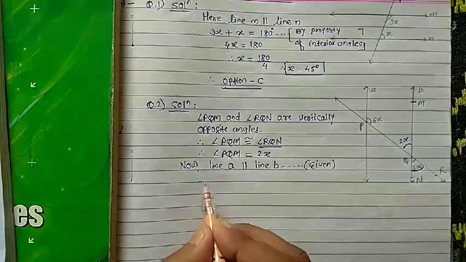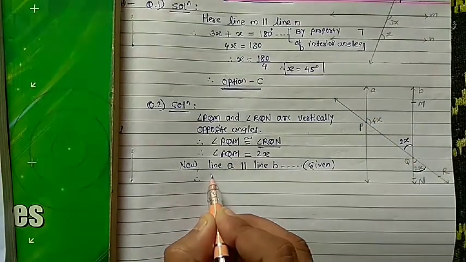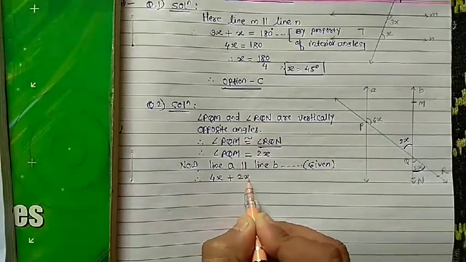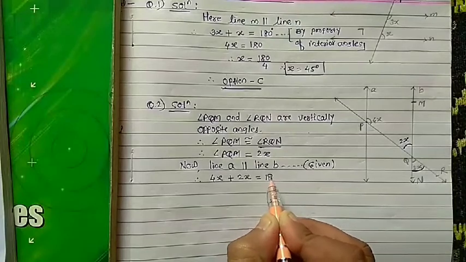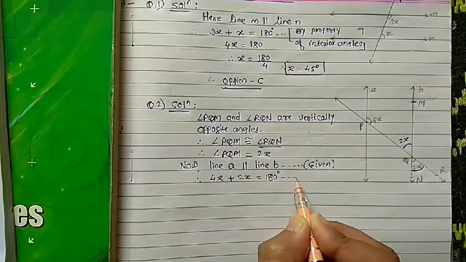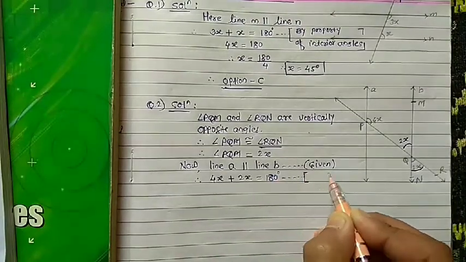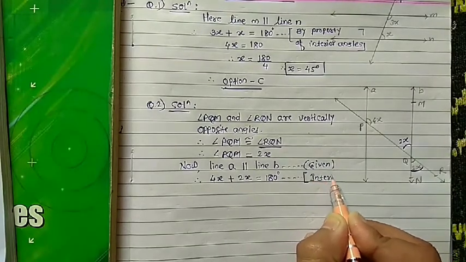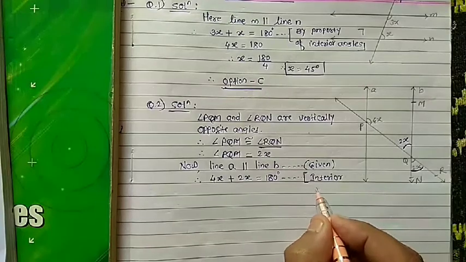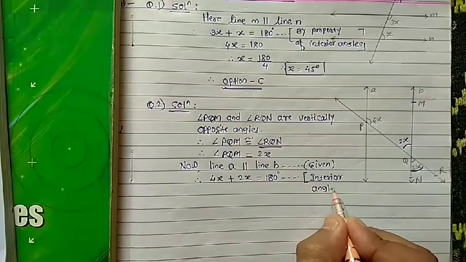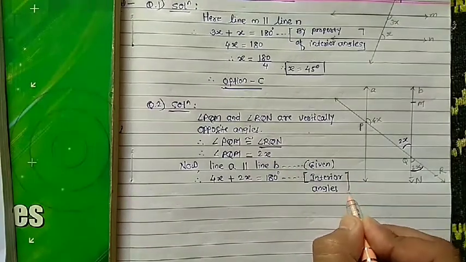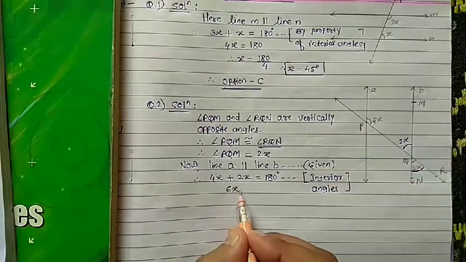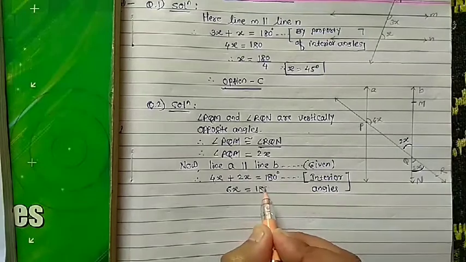So therefore 4x plus 2x is equal to 180 degrees. So the reason is interior angles to the same side of the transversal. So 4x plus 2x, 6x is equal to 180.